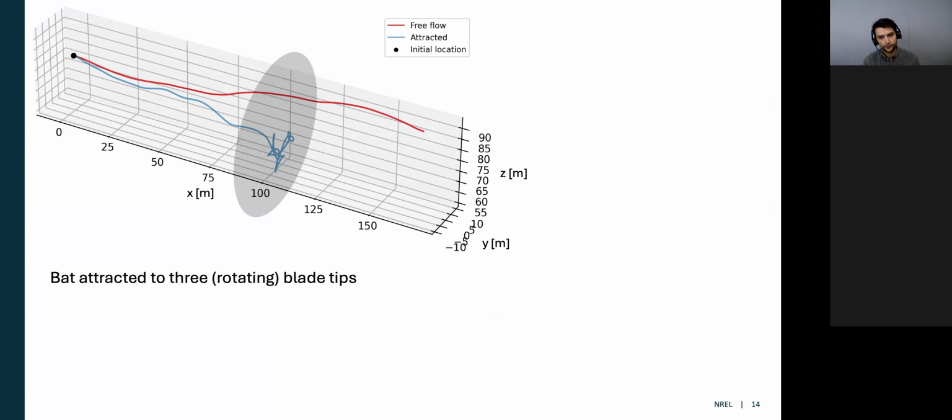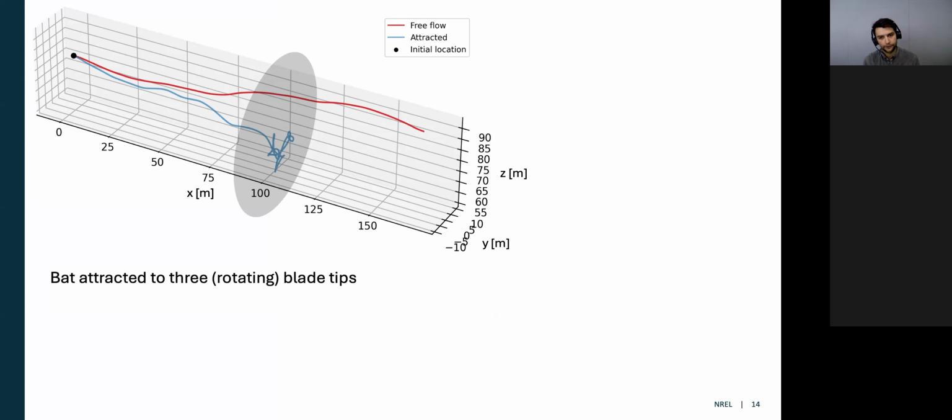The disc there is the location of the turbine rotor. I haven't shown individual blades, but the blades are essentially there, and the bat is attracted to the tips. You see that it approaches roughly following similar motion to the free flow motion. But once it gets close to the rotor, it starts this chaotic motion as it jumps around, attracted to each of the blade tips.